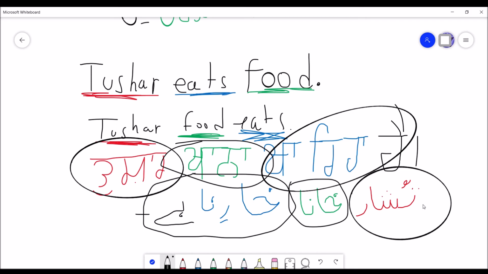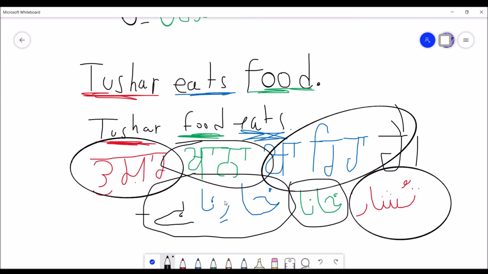It's understandable. Of course, you're gonna have to put a pause if a comma is supposed to be there. Like, don't say khana kha reha hai Tushar without a comma. People are gonna be, wait a minute, what? If you for some reason wanted to say that, which I just don't recommend, because if you're a beginner, then you're gonna have a hard time speaking with people if you're purposely not using the normal structure.